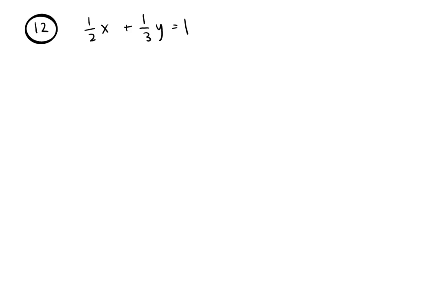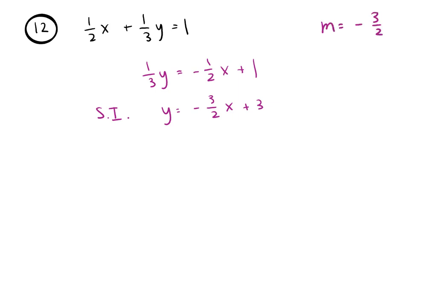So I'm going to subtract 1/2 x and I'm going to multiply by 3. And this is slope-intercept form. Now, that's not really what the question was asking, but now I can give the answer to the slope. The slope is -3/2.